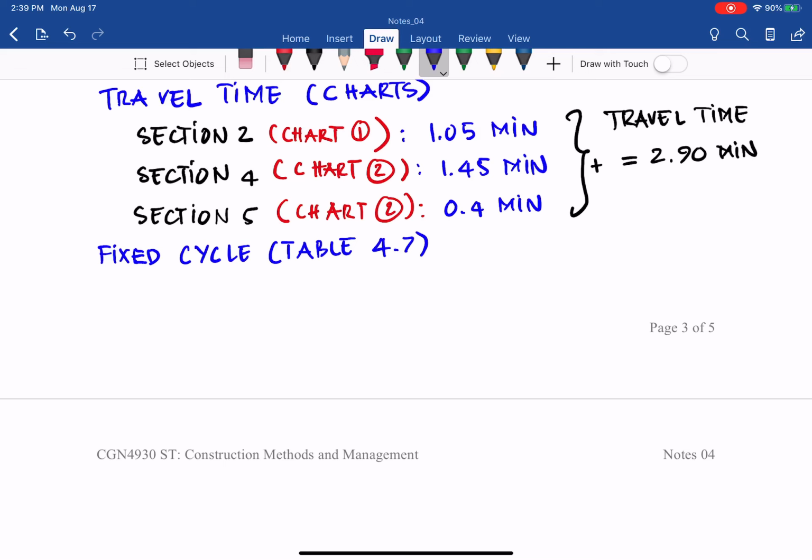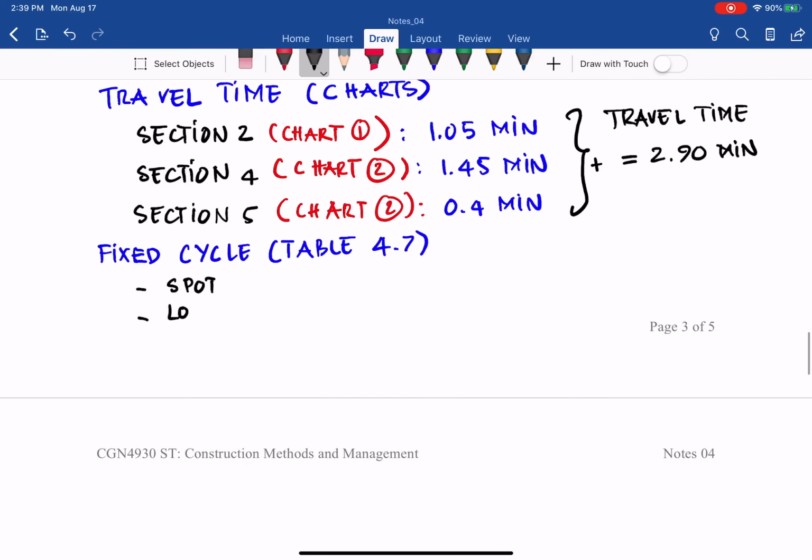The first fixed cycle will be spot: bring the scraper into the spot, and then load the material, and then maneuver and dump the material. So those are the fixed cycle times, and we need to find them from table 47.